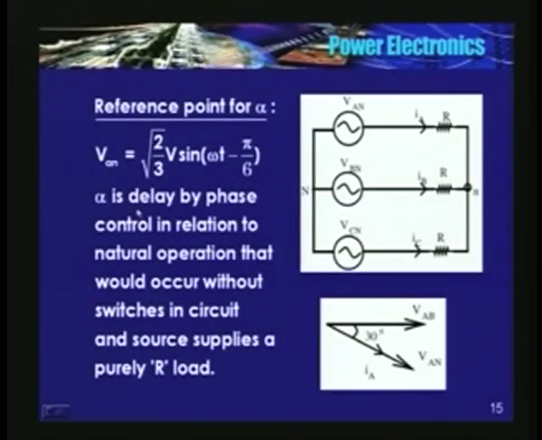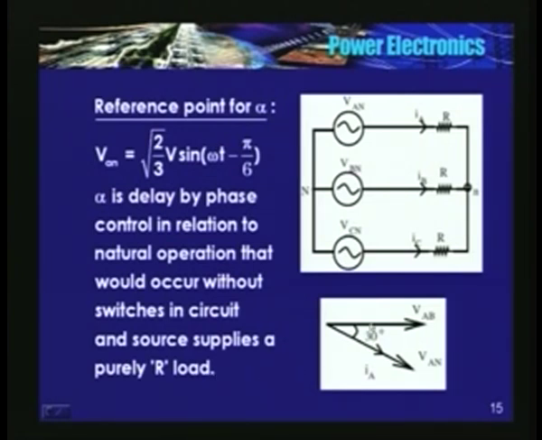Now here the reference point is, I'll show you, see here it is mentioned, alpha is the delay by phase control in relation to the natural operation that would occur without switches in circuit and source supplying a purely resistive load.